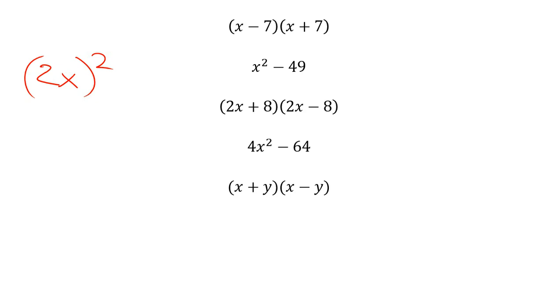The last one, we can also do with variables and end up with x squared minus y squared. But the one thing you do want to watch out for is to make sure that these signs are different. If they are the same, you end up using one of your perfect squares, so it goes the other way.